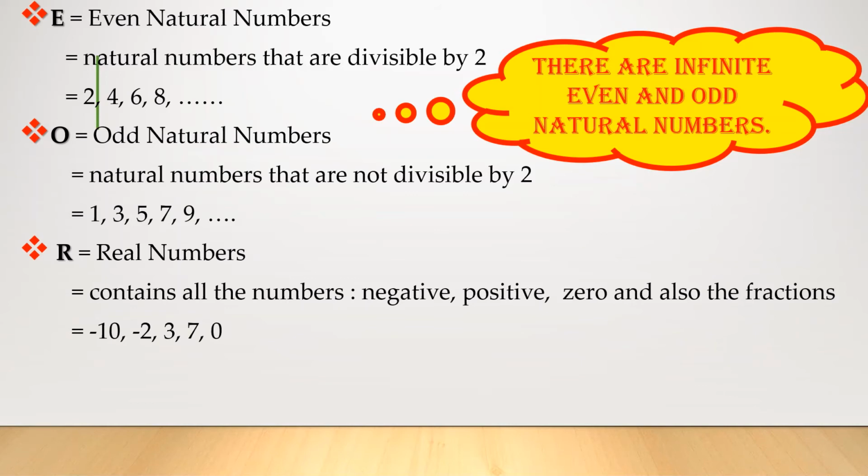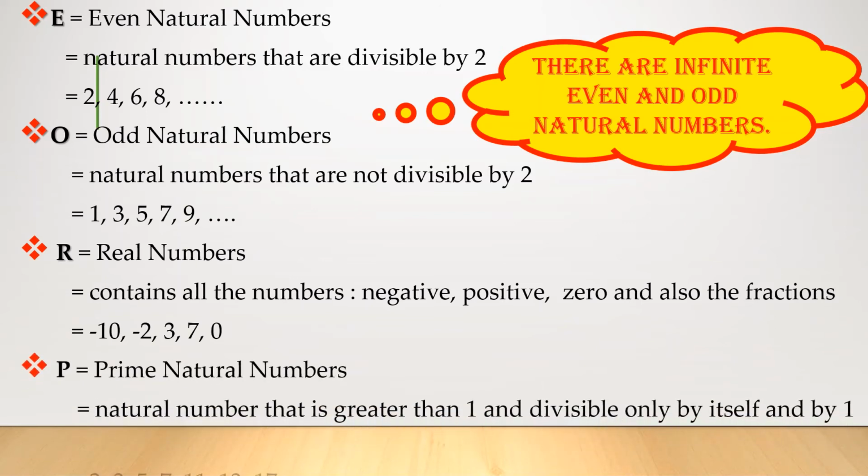For example, minus 10, minus 2, 3, 7, 0, etc. The capital letter P denotes prime natural numbers, which contain all the natural numbers greater than 1 and divisible only by itself and by 1.